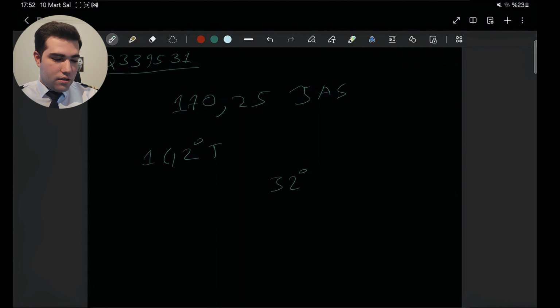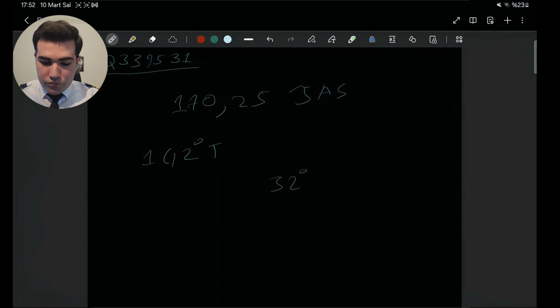I will write down the formula that I used right here. I will show you. Aircraft's heading minus wind direction.